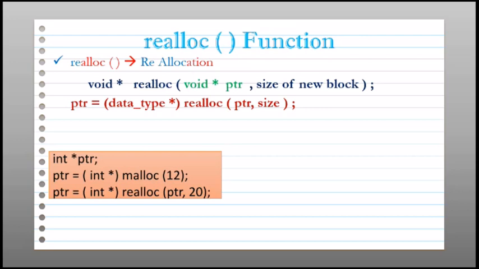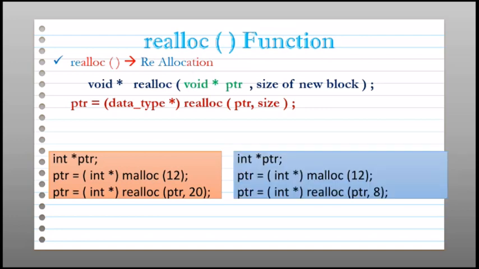Previously we have blocked 12 bytes, but if you require more memory, then by using the realloc function we can change the size which was previously allocated. Now by using the realloc function we are increasing the size of allocated memory, changing the size of the memory block from 12 to 20.